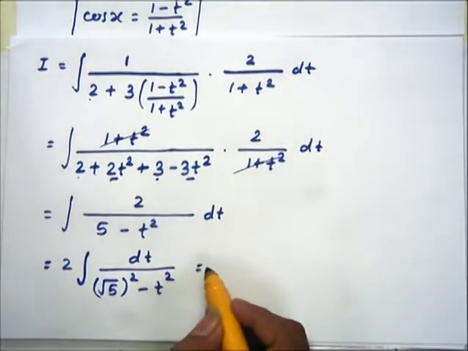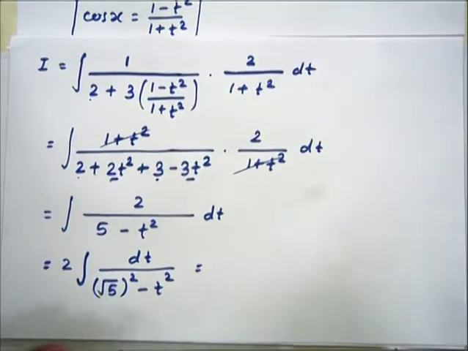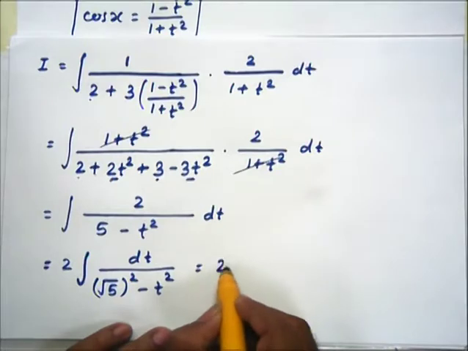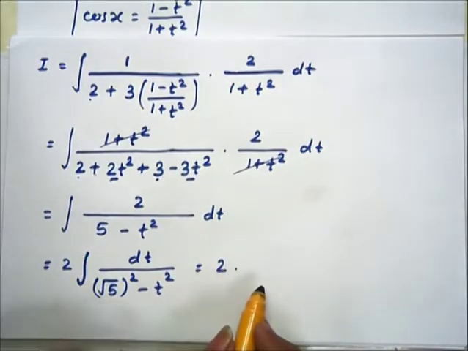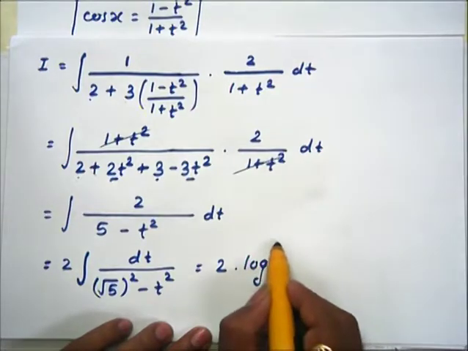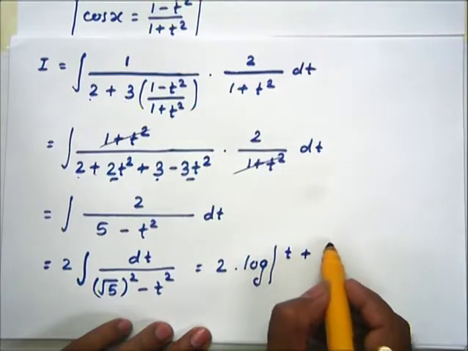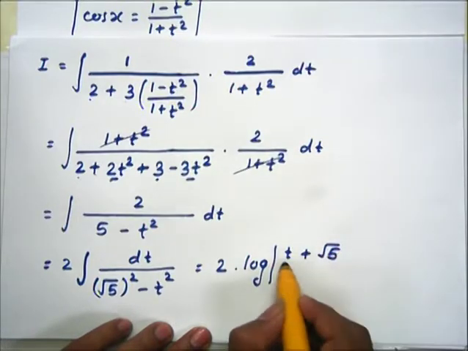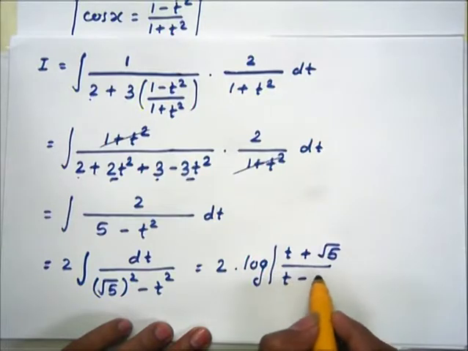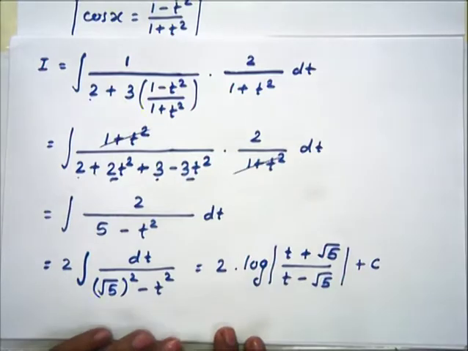The integration of 1 upon a square minus x square is log of x plus a upon x minus a, so this is the mod of t plus square root 5 upon t minus square root 5 plus c.